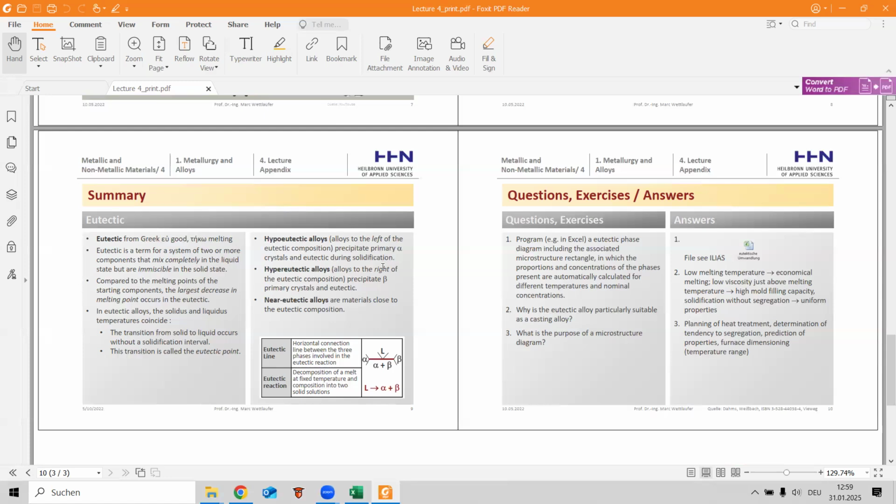Here we have the eutectic line, the horizontal connection line between the three phases involved in the eutectic reaction. In the eutectic reaction, a melt of fixed temperature and composition transforms into two solid solutions. So from eutectic, we get alpha.